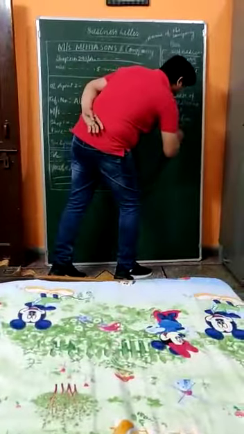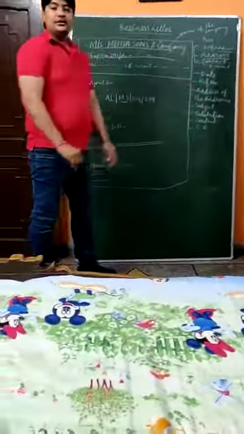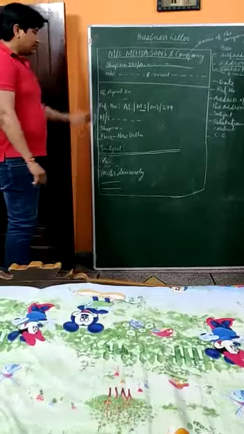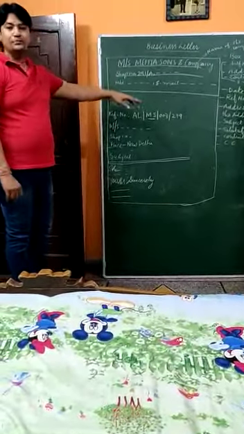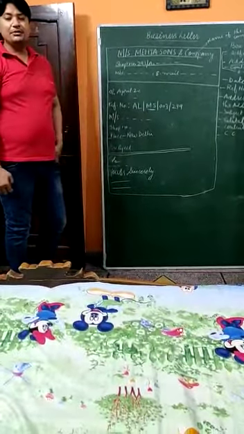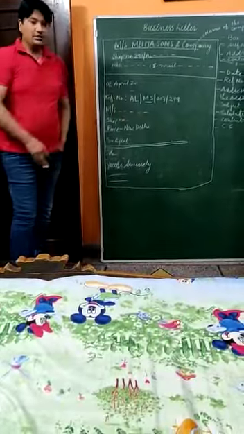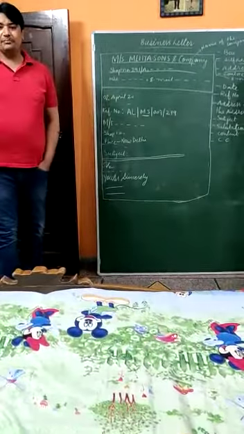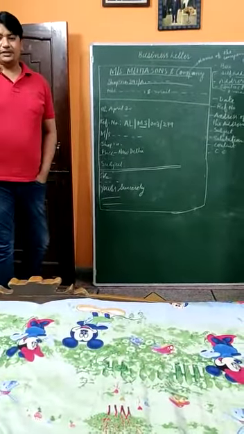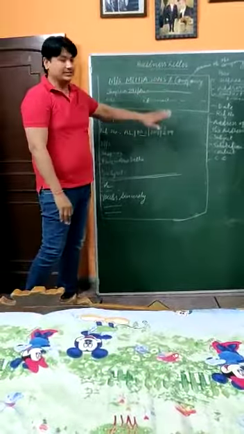Okay, so finally what will come? Complimentary close. So dear student, in this way you are to write your business letter. Remember, you can place an order, you can cancel an order, you can make an inquiry, or you can make a complaint under business letter.